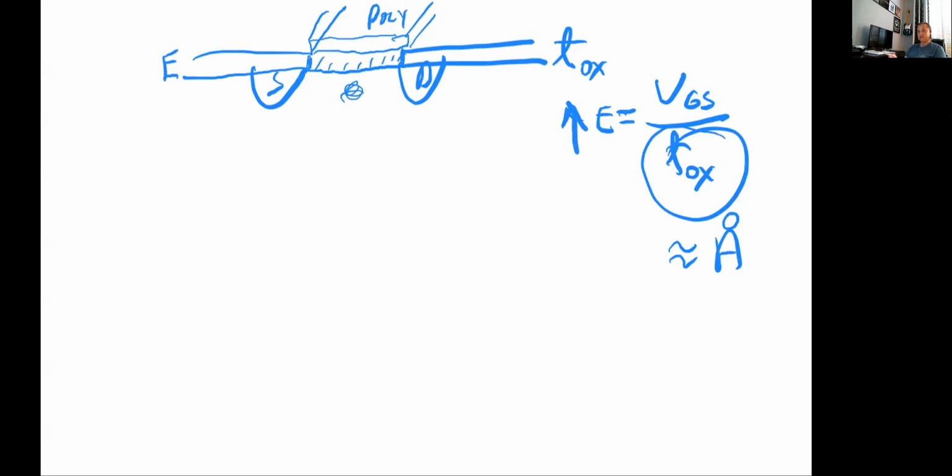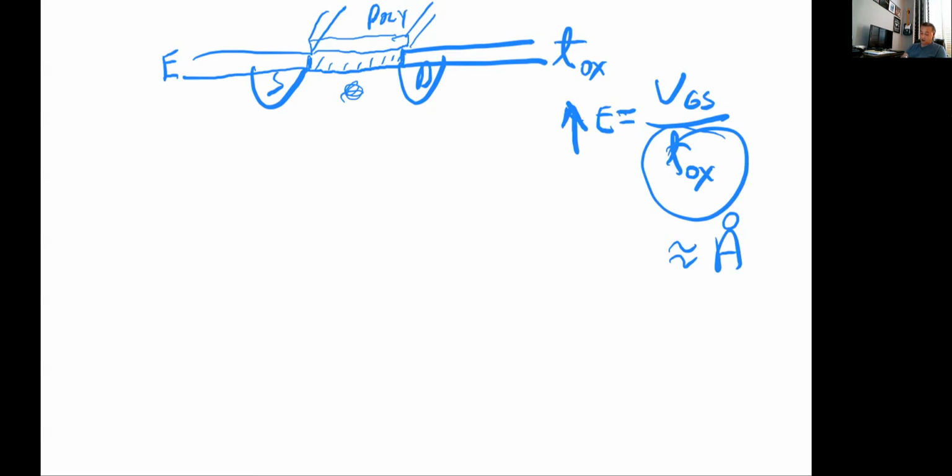From a material perspective, I mean, fields is energy. So we want these oxides to be thin because the transistors are small. We want to try to work with as small a voltage as possible.